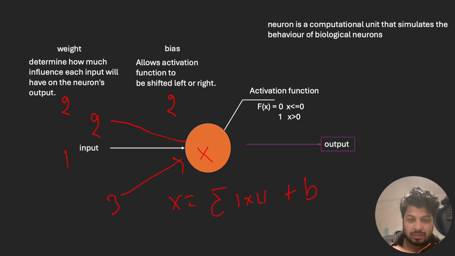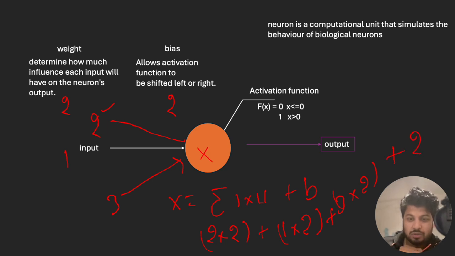So input 1 is how much? Let's start from here, 2. So 2 multiplied by the weight 2. Again I have input 1, so 1 multiplied by the weight, which we have 2 here. Again 3 is the input, so plus 3 multiplied by the weight 2. And at the end we will add the bias, which is 2 here.